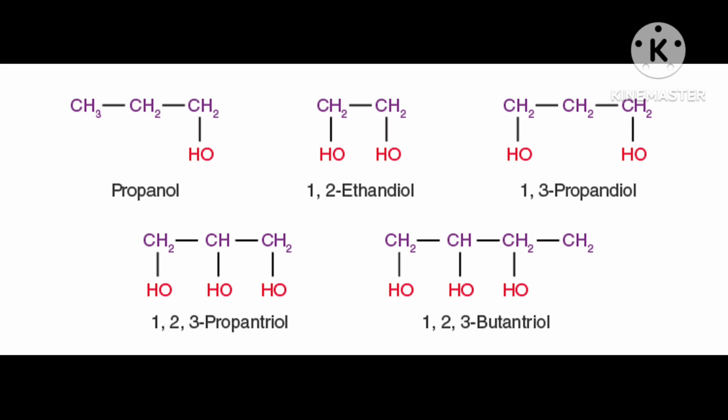Second, 1,3 disubstituted. The word di you have to use because a total of 2 groups will be there. So 1,2 disubstituted is ortho, 1,3 disubstituted means meta, and 1,4 disubstituted means para. These are actually often used in common names.